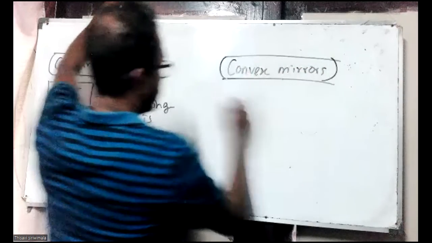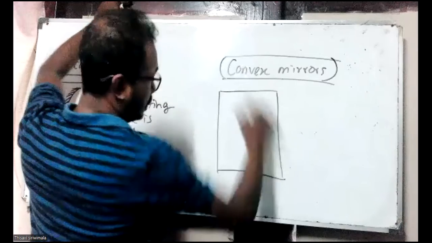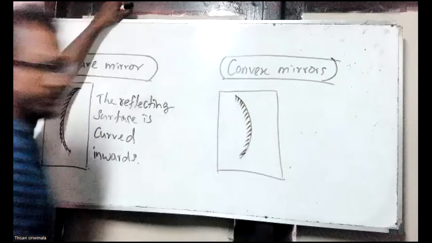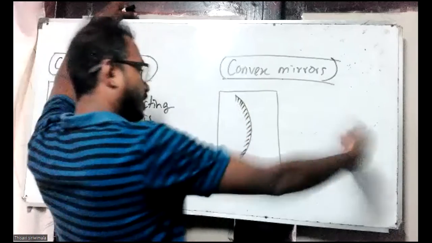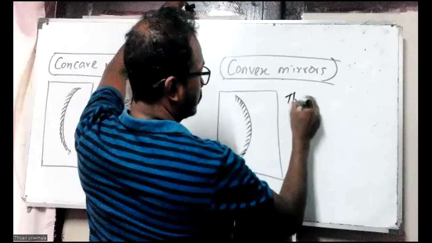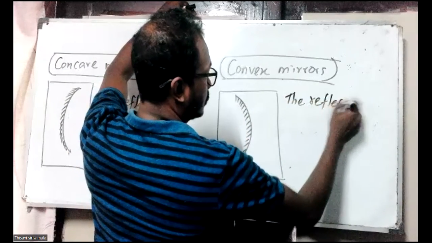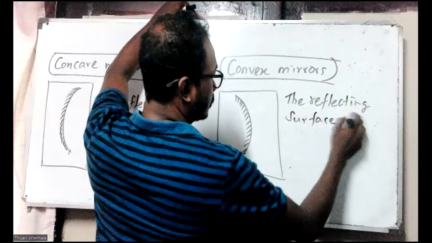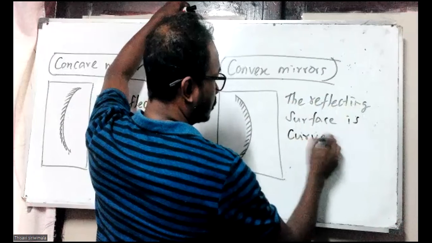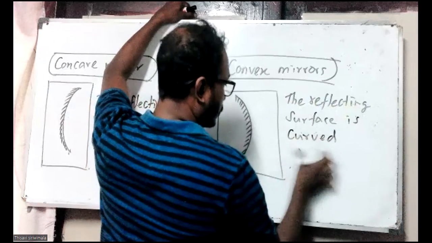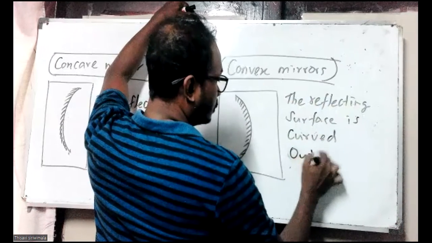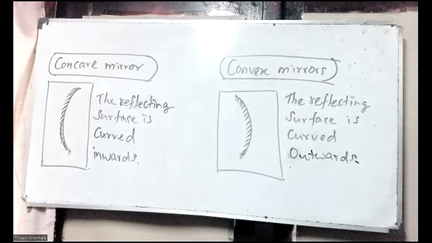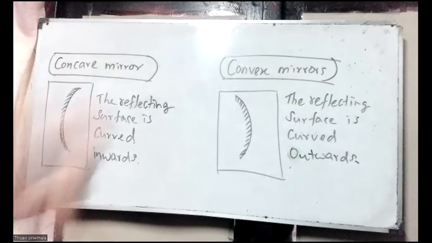Here, the reflecting surface is curved outwards. So the light rays will be reflected from this side. Okay, you can fill your blanks with this information.